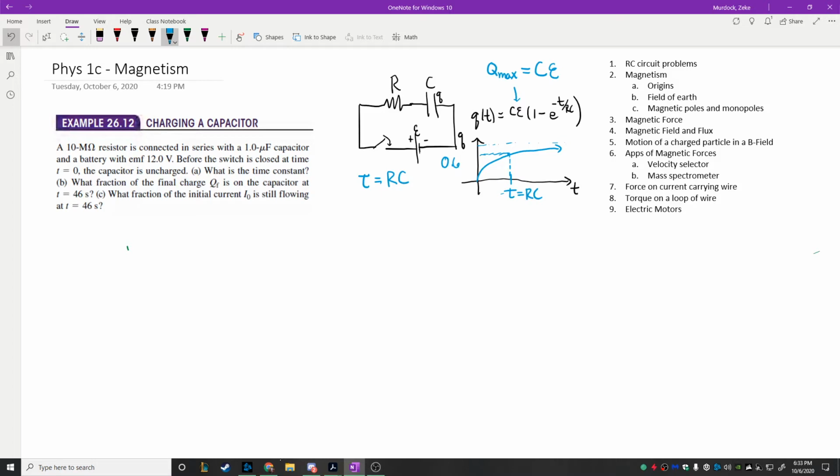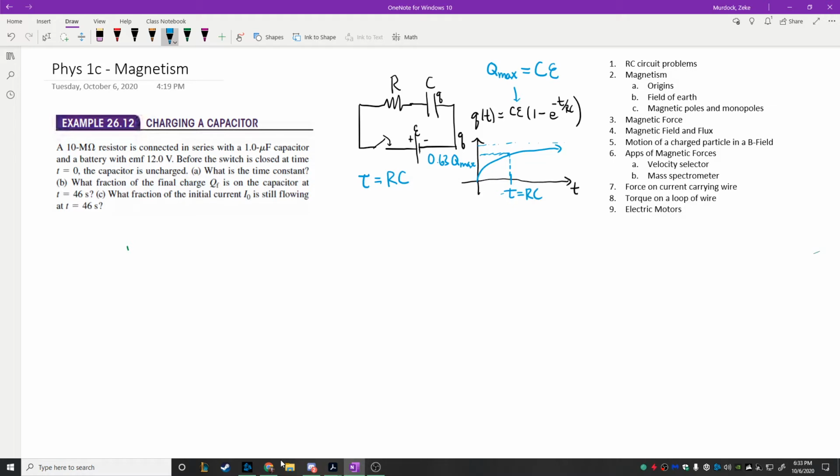I'm really trying to bunch up a lot of stuff. At this point, the charge is about 0.63 of the maximum charge, 63% of maximum charge. So what is the time constant? It just gives you some idea about how long it takes to charge up.